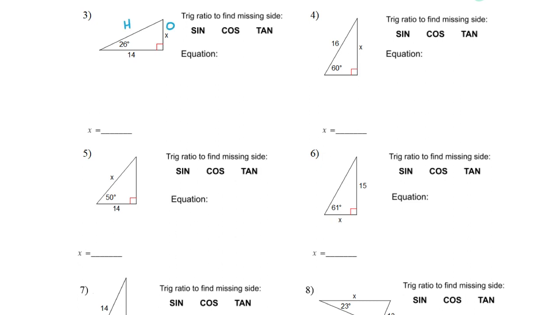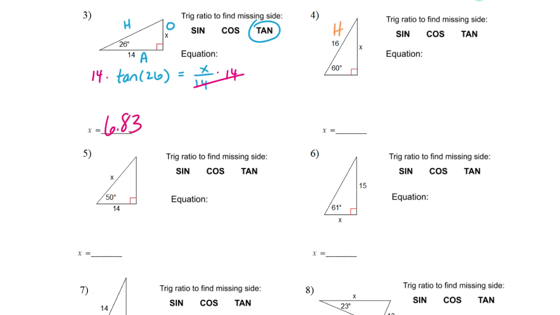For number 3, we have the opposite and the adjacent, which means that we're dealing with tangent. So I have tangent of 26 is equal to x over 14. Multiply 14 on both sides and put 14 times tangent of 26 into my calculator, and it will give me an answer of 6.83.